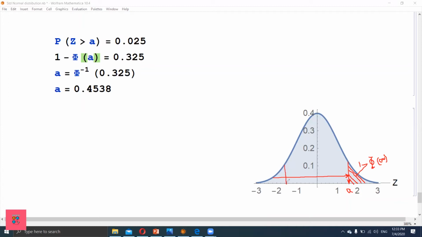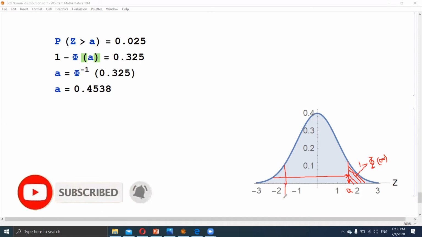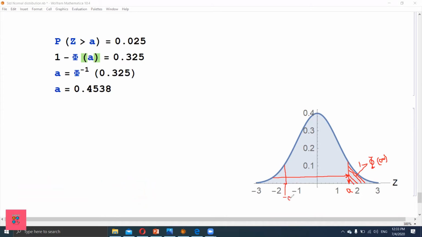We know that the same area and same points exist on both ends. The left tail also has the same point, but it is minus A. The area below minus A is equal to the area above A. Both shaded areas are equal.